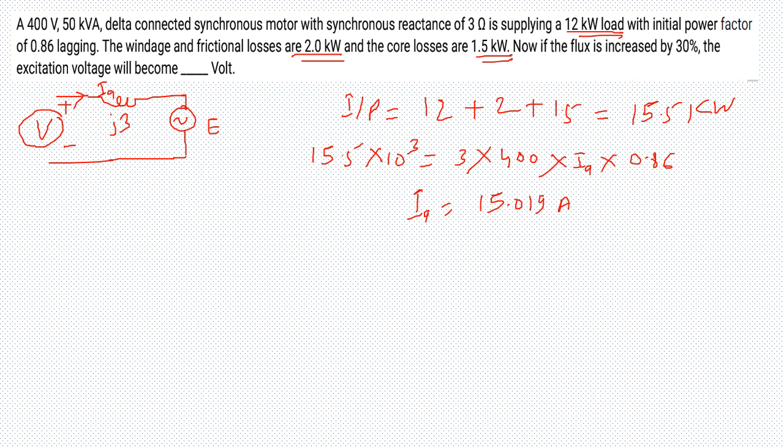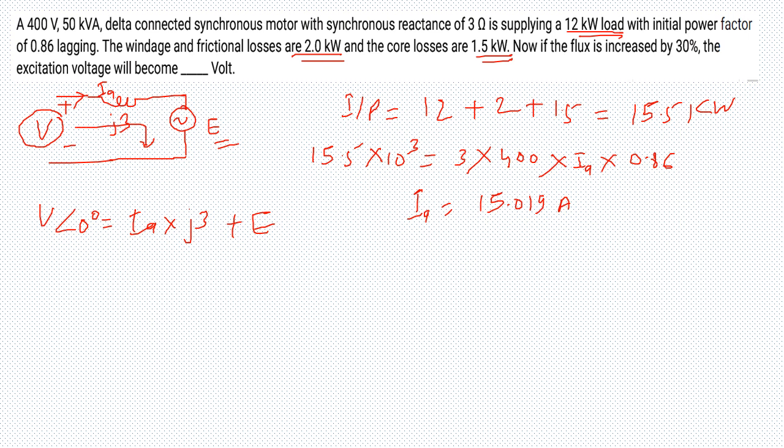Now this IA is known to us, so we can apply KVL across this circuit. Considering V at angle 0 degrees, V is equal to IA into j3 plus E, where E is the excitation voltage.